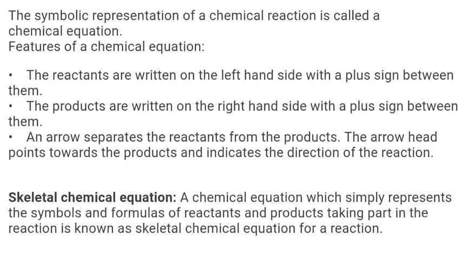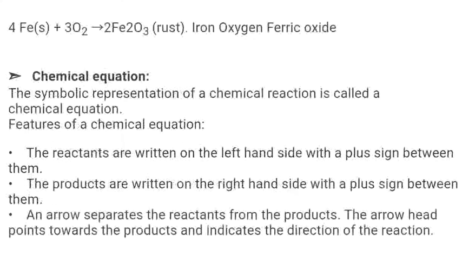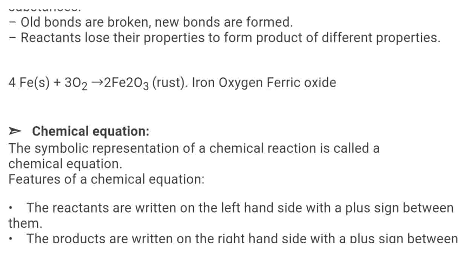Now moving on, what are the features of a chemical equation? The reactants are written on the left hand side with a plus sign between them, as you can see in Fe and 3O2. Fe and O2 are the reactants, that's why they are written on the left hand side of the arrow mark, and the products formed are written on the right hand side.